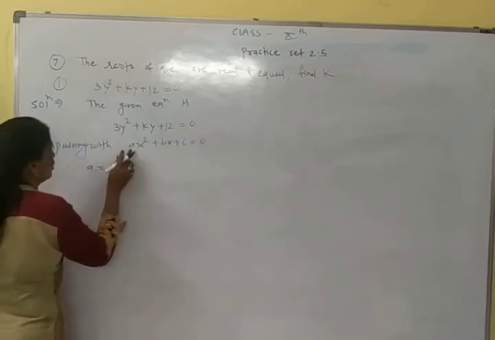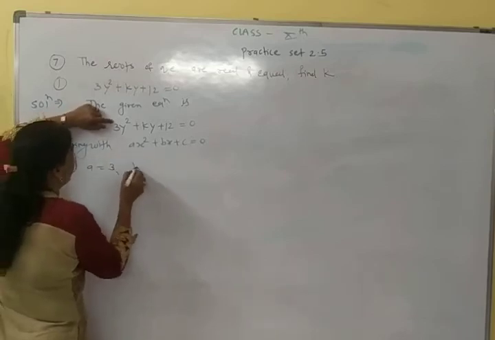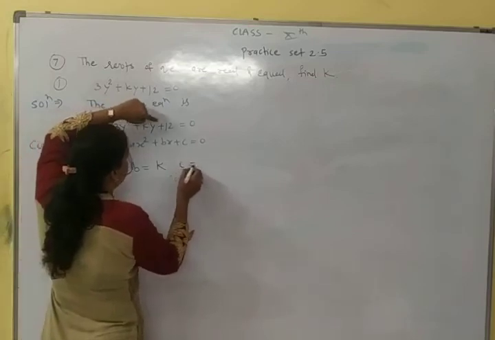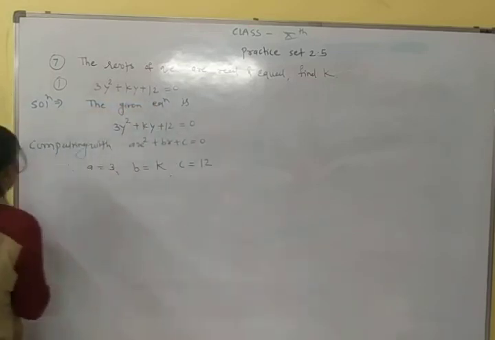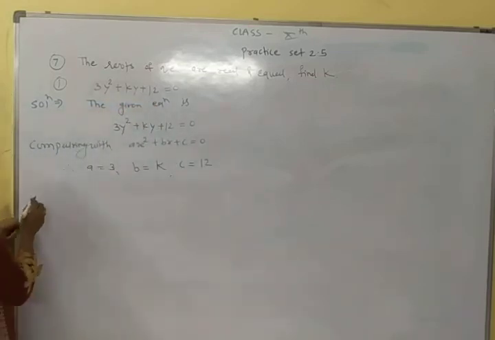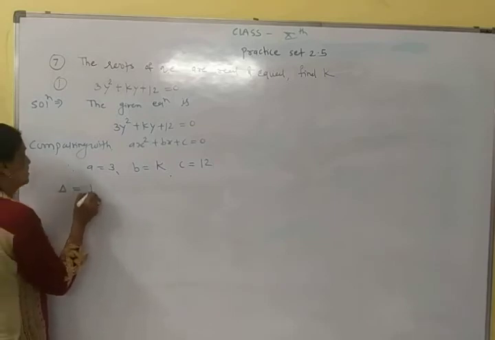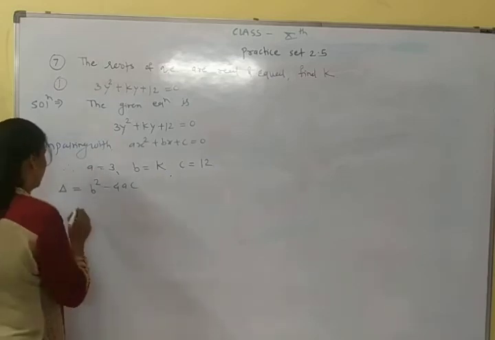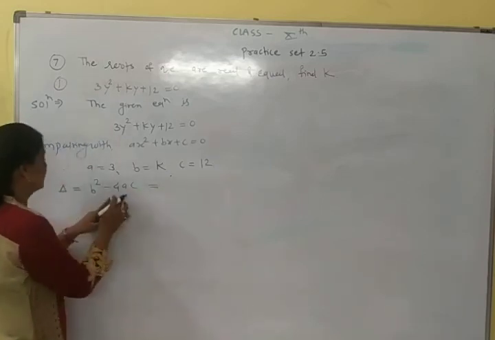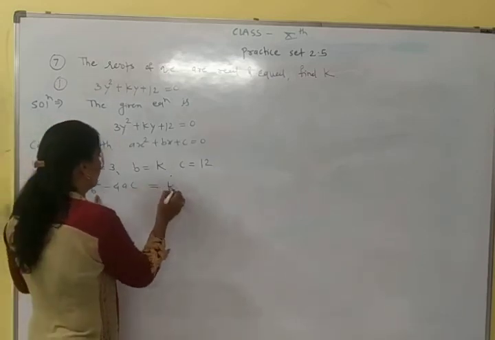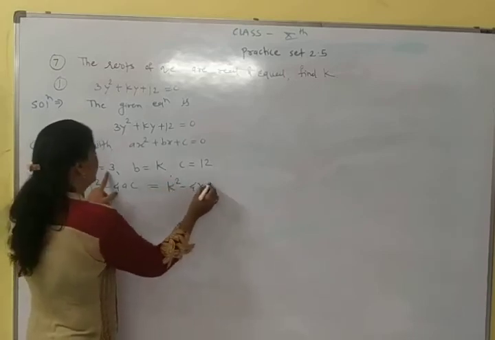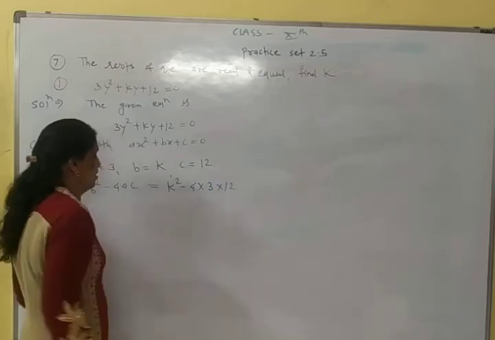Therefore a equal to 3, b equal to the coefficient of y, that is k, and here c is the constant term, that is 12. Then first we have to find delta, means discriminant, means b square minus 4ac. b is equal to k, square, minus 4 into a means 3 and c is 12.